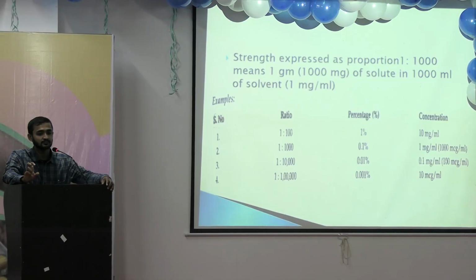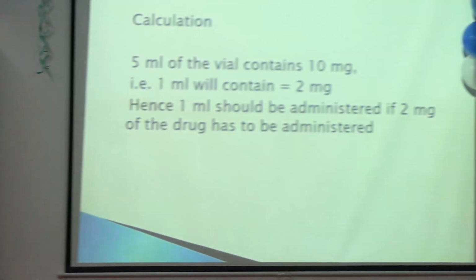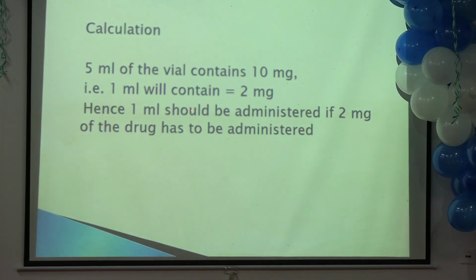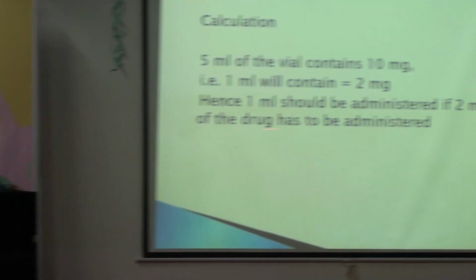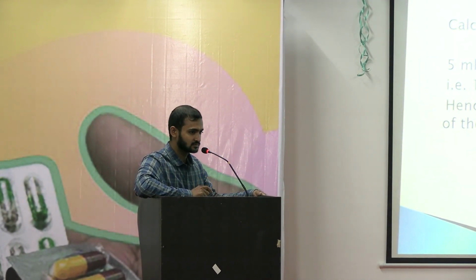So how much volume or ml of drug will you administer? 1 ml. So 5 ml of this vial contains 10 milligram, 1 ml contains 2 milligram. So hence 1 ml should be administered if 2 milligram of the drug has to be administered. Any confusion?